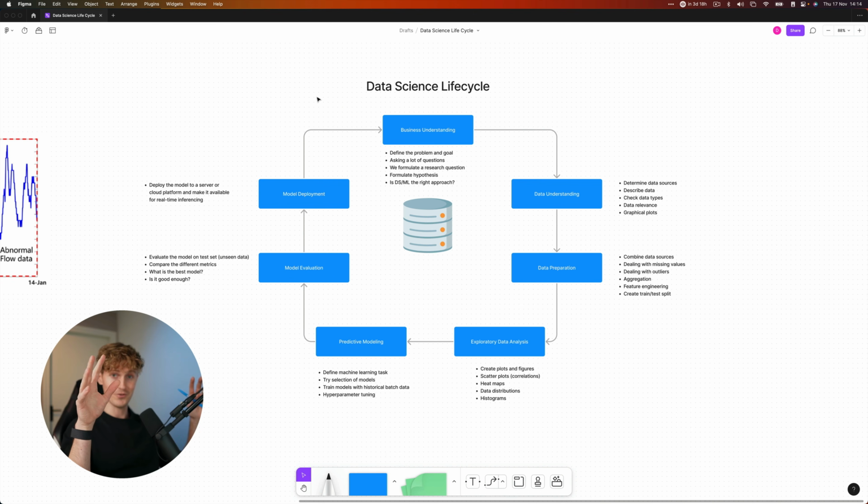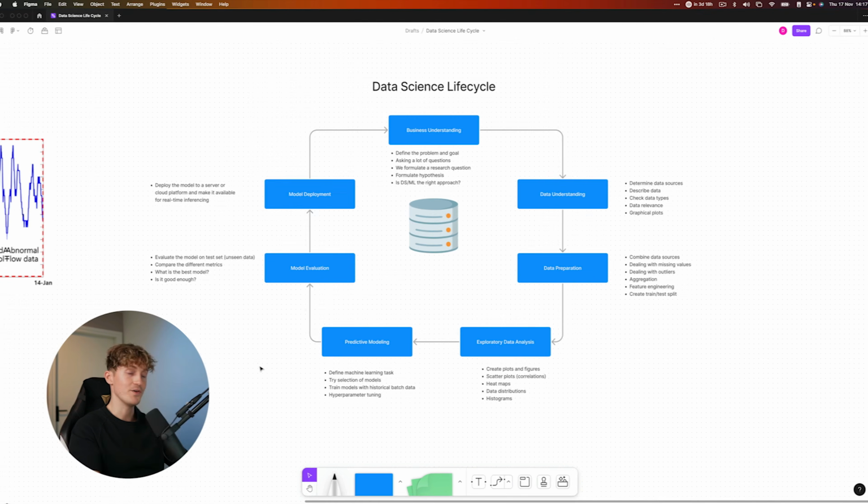All those terms can really be overwhelming when you are studying them and learning them. And then this life cycle can give you a good structure, a structured way of approaching your data science projects, and also gives you some guidelines on what to search for and what to look up during which phase of your project.